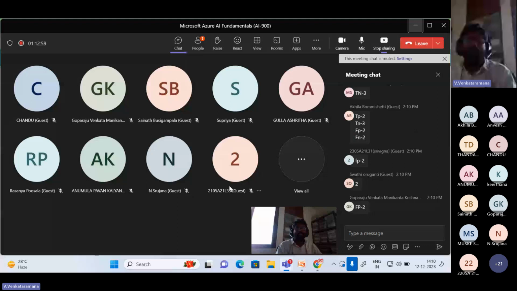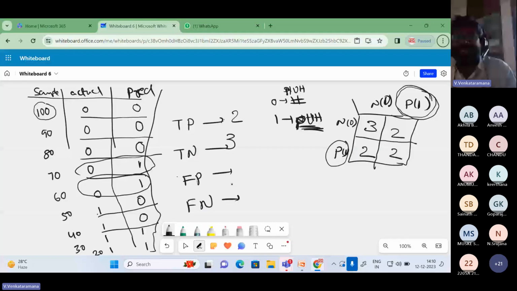If you have any confusion, you can write like this: negative, positive, negative, positive. This cell is called the true negative. This cell is called the true positive. This cell is called the false positive. This cell is called the false negative. Like that you can remember. So true negative 3, true positive 2, false negative 2, false positive 2. Like that you can prepare the confusion matrix.